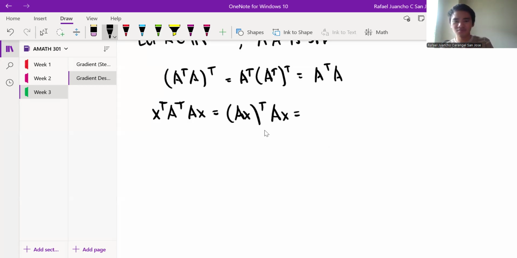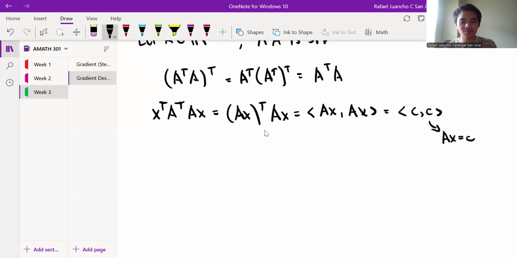And this should give me a vector that contains those two. Then we can switch a placeholder here. I said that Ax is equal to c. And then from there, I do a summation that goes to m, and j starts at 1. So here we get c_j squared.